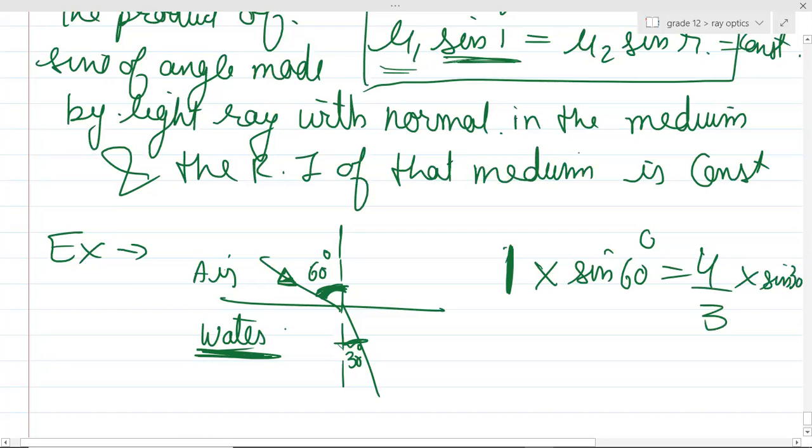Although I know this is not equal, can you see how exactly I applied it? This angle 30 degrees was with the normal in the water, so I wrote it with the refractive index of water. Similarly, this 60 was with the normal in air, so with air's refractive index. Are you getting my point? So this is how you apply it.